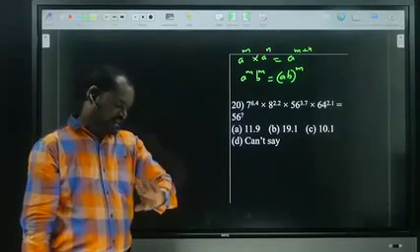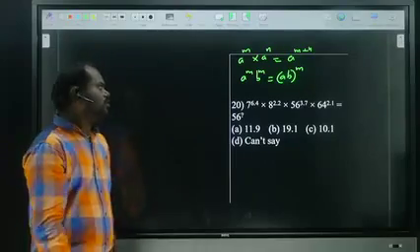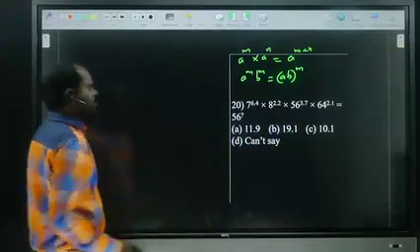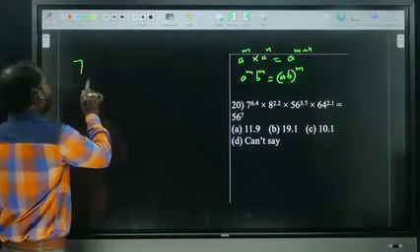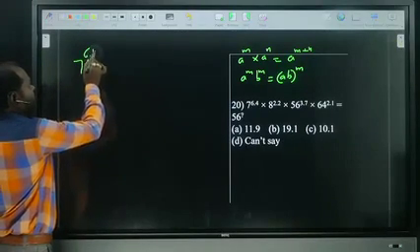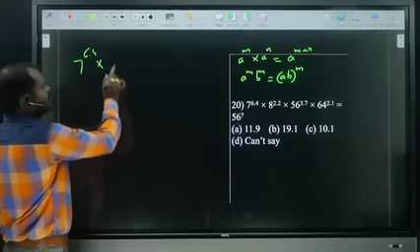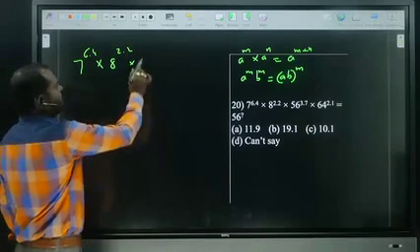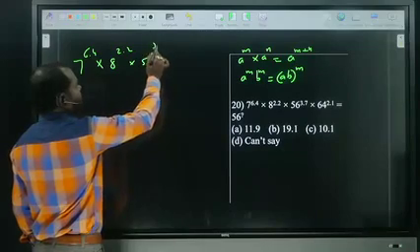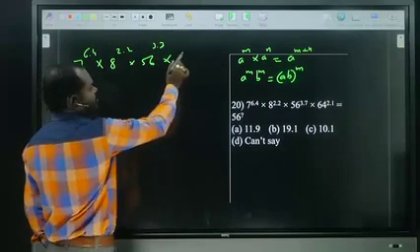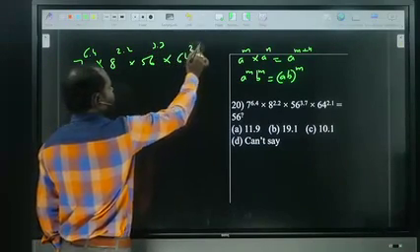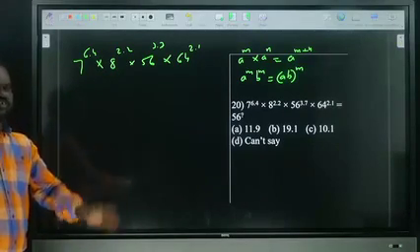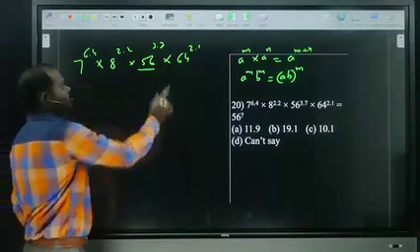Now I will write the question here also: 7 power 6.4 into 8 power 2.2 into 56 power 3.7 into 64 power 2.1. Try to convert the entire question in terms of 56. It is clearly 56, no problem at all.